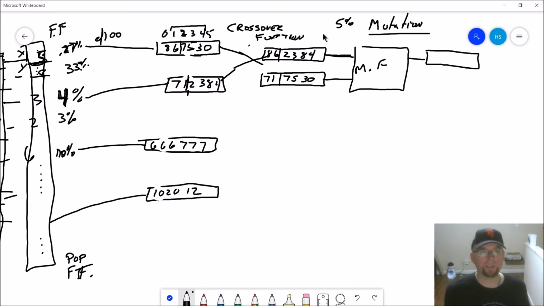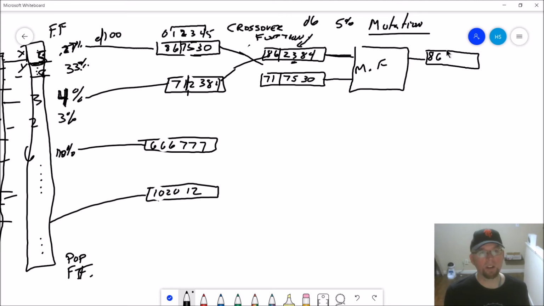Since there are only 6 pieces of information here, you roll a d6, a 6-sided die, and it comes up 4. That tells you the 3 is going to get mutated, changed somehow. And how do you decide how to change it? Maybe you roll an 8-sided die and assign the value, or maybe you just increment it by 1, however you decide you want to do it.